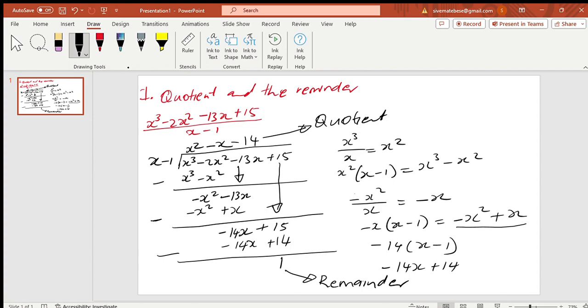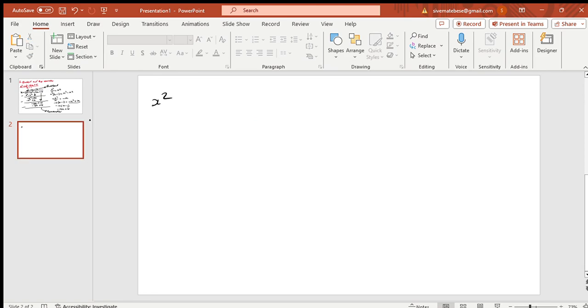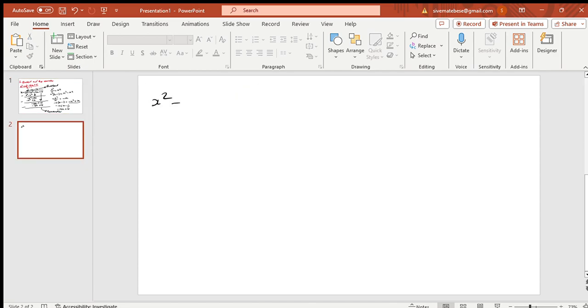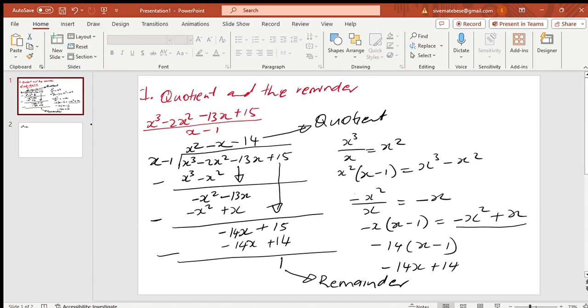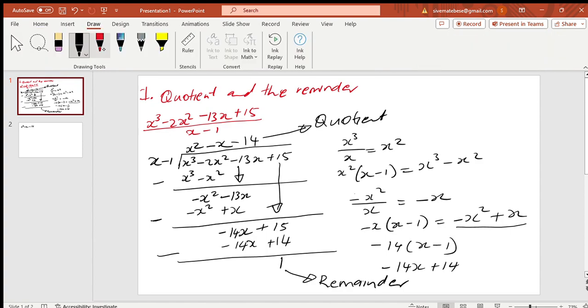Now we can just put the equation back, because we're actually dividing this by that divisor. So the answer, if we check on top here, is x squared minus x minus 14.